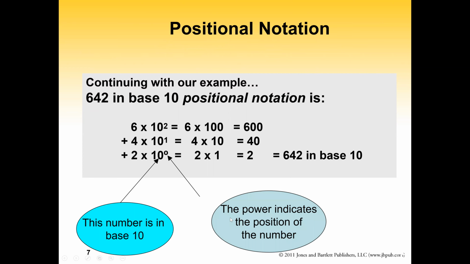That's why we say the power indicates the position of the number. The position of the number always starts from the least significant bit and always starts from exponent 0. The reason we are using 10 is because it's a decimal number. Now, if it's a binary number, we are going to use 2: 2 to the power 0, 2 to the power 1, 2 to the power 2, based on the position of the digit.